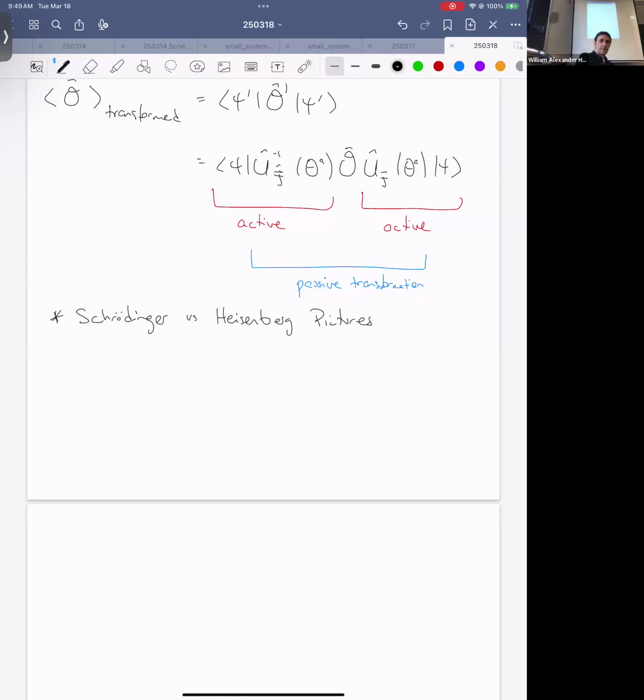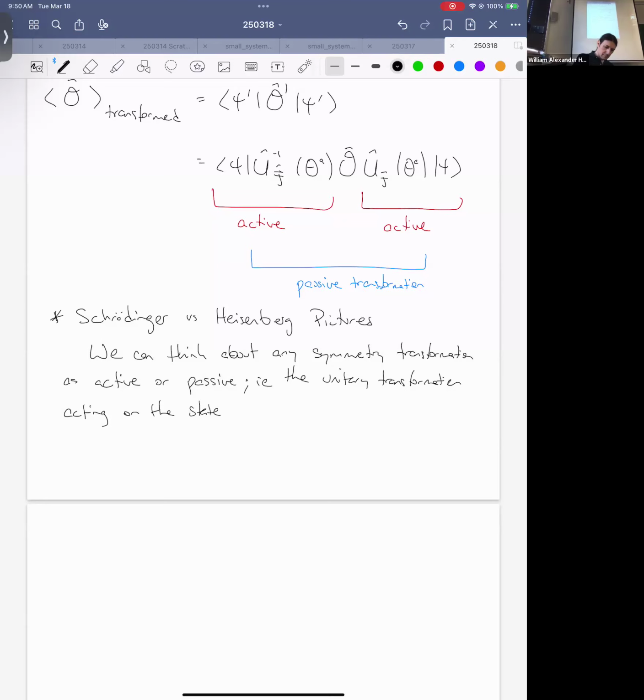So we could think about any symmetry transformation as active or passive, i.e. the unitary transformation acting on the state or on the operator, or operators, I should say.